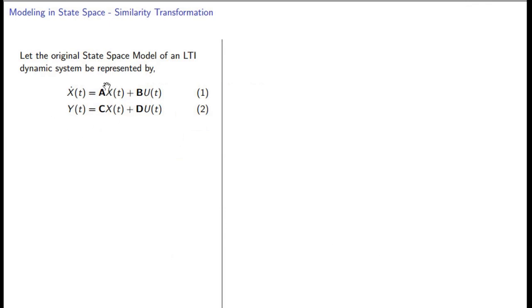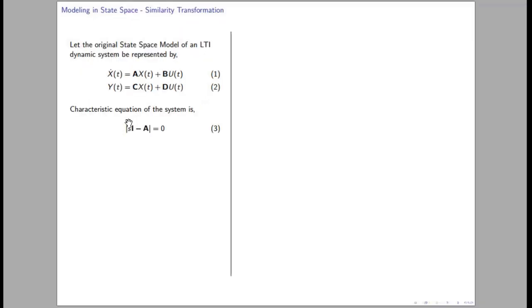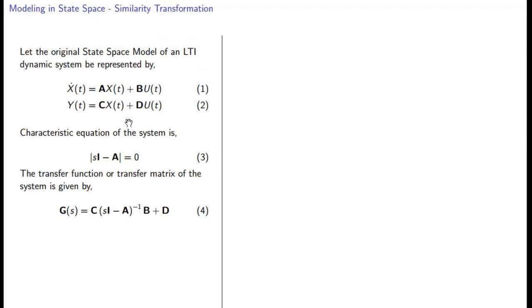Let us take the original state space model first. x dot of t equals Ax of t plus Bu, y of t is equal to Cx plus Du. The characteristic equation for the system is obviously the determinant of sI minus A equal to 0. And what about the transfer function?